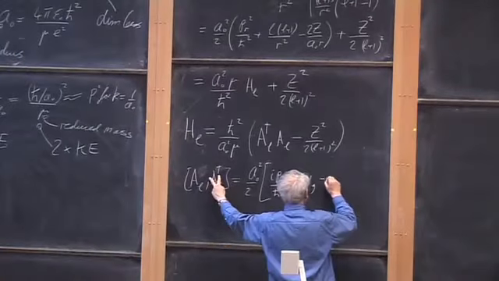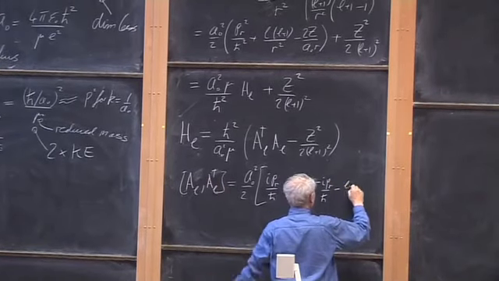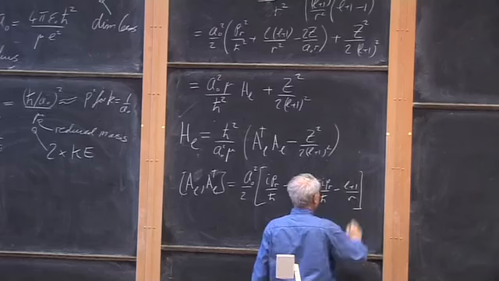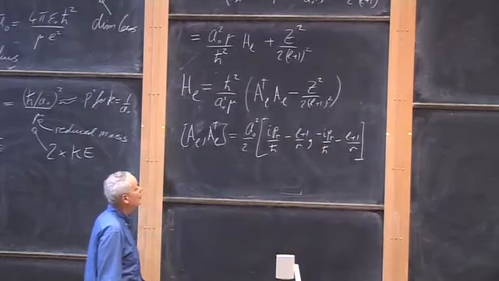Then I have to write down the corresponding parts of A dagger, which is minus i pr over h bar minus L plus 1 over r, and now I can rest easy. So this is the commutator that I have to do.